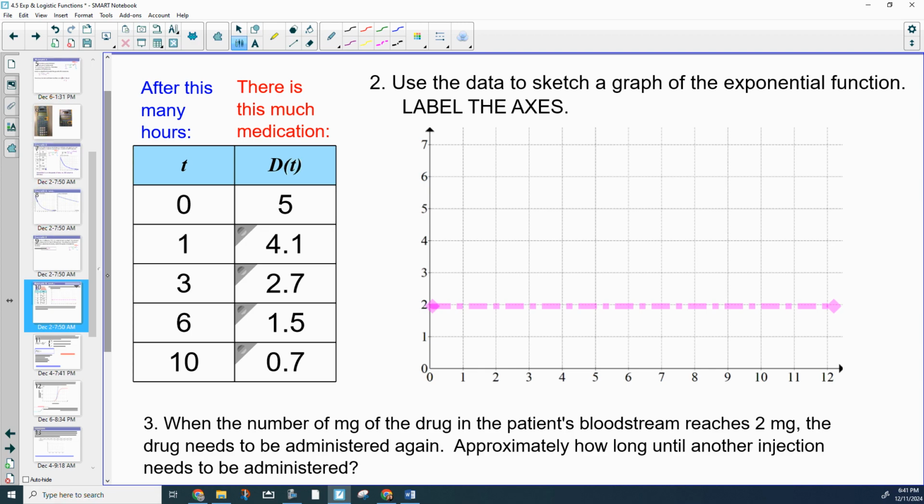So at time 0, when the medicine is administered, we have 5 milligrams. After an hour, it drops to 4.1. After 3 hours, it's at 2.7. After 6 hours, it goes to 1.5. And after 10 hours, it goes to 0.7.